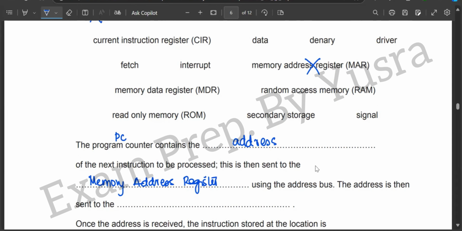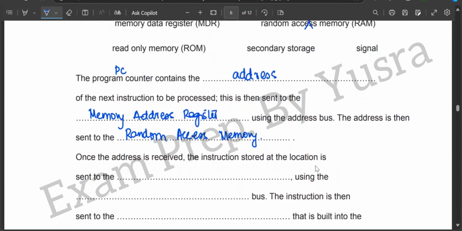Now the address is sent to the RAM, random access memory. Once the address is received, the instruction stored at the location is then sent to the memory data register using the data bus.